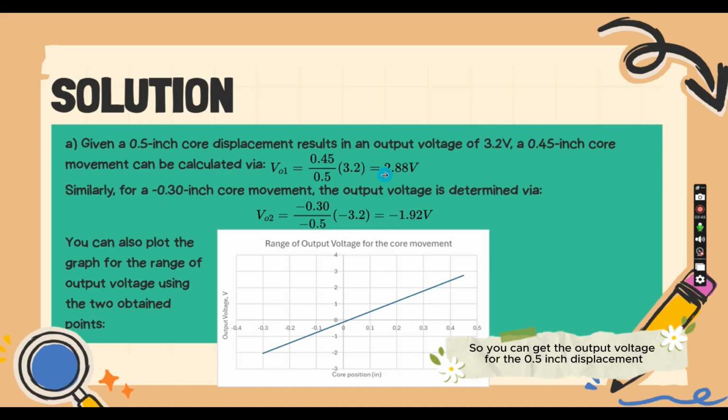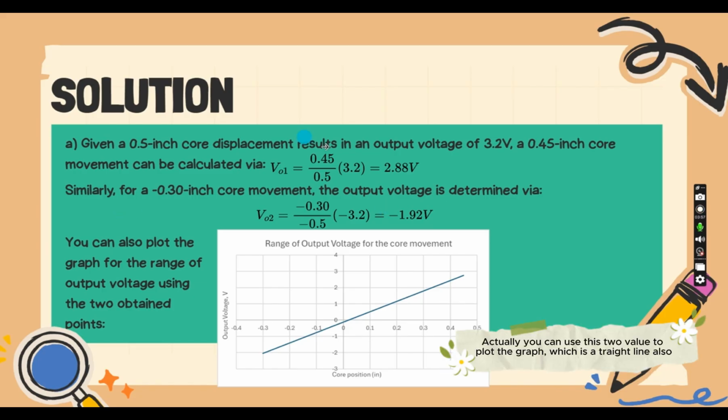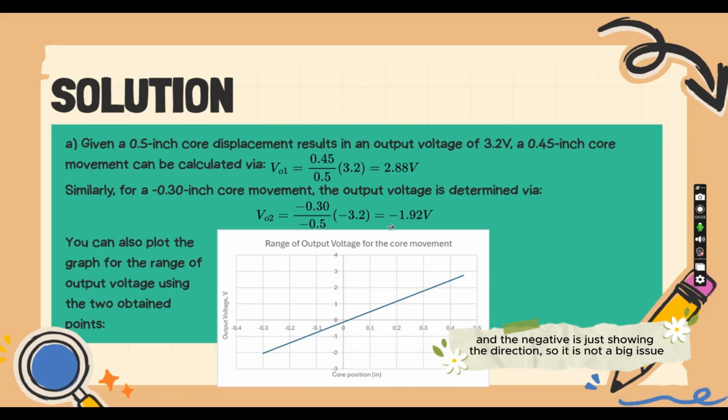So you can get the output voltage for the 0.45 inch displacement. Same for the negative 0.3 inch, and you will get the value here. Actually, you can use these two values to plot the graph, which is also a straight line. And the negative just shows the direction, so it is not a big issue.